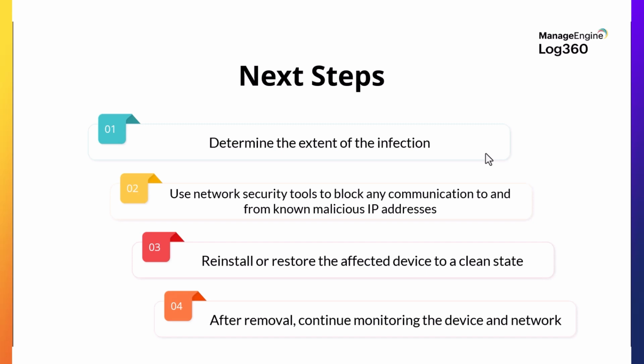Use network security tools to block any communication to and from known malicious IP addresses or domains associated with the suspicious software. Restore the affected device to a clean state, either from a known good backup or by performing a clean operating system installation if necessary. After removal, continue monitoring the device and network for any signs of residual issues or infection.